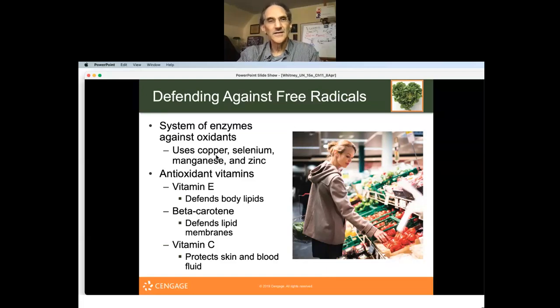Vitamin E defends against oxidative damage to lipids. Beta-carotene, vitamin A, also defends against lipid membrane damage. And then our water-soluble vitamin C. You'll remember that it also has a role as an antioxidant.